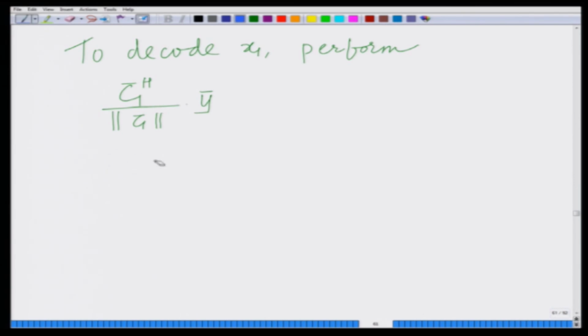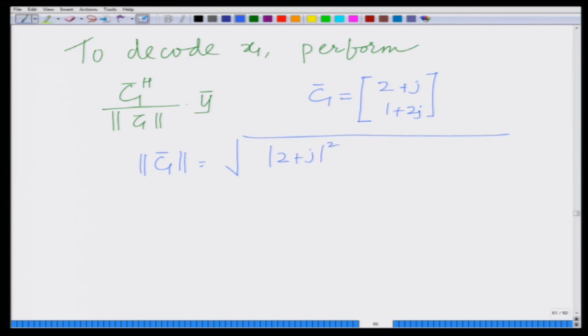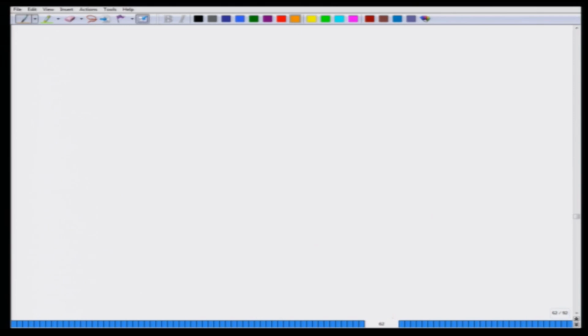Remember, C1 bar equals 2+j, 1+2j. Therefore, norm C1 bar equals square root of magnitude (2+j) squared plus magnitude (1+2j) squared, which is equal to the square root of 4 plus 1 plus 1 plus 4, which is equal to square root of 10.